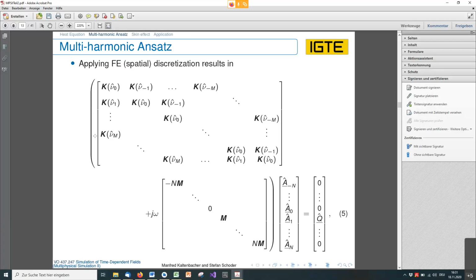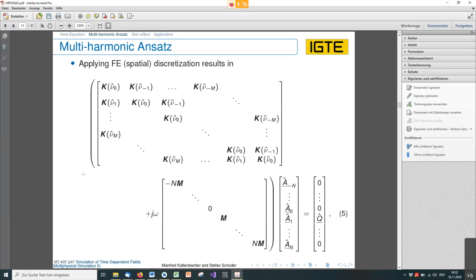So this is a trade-off that you involve with this method, and just keep it in mind. On the one side, in the nonlinear system, you do the iterations. On the other side, for the multi-harmonic ansatz, your matrix system will get larger.